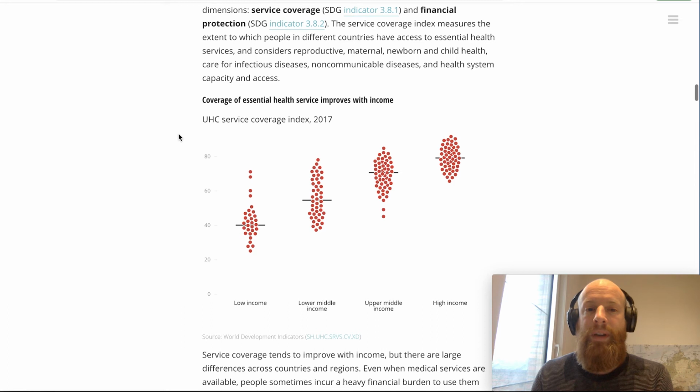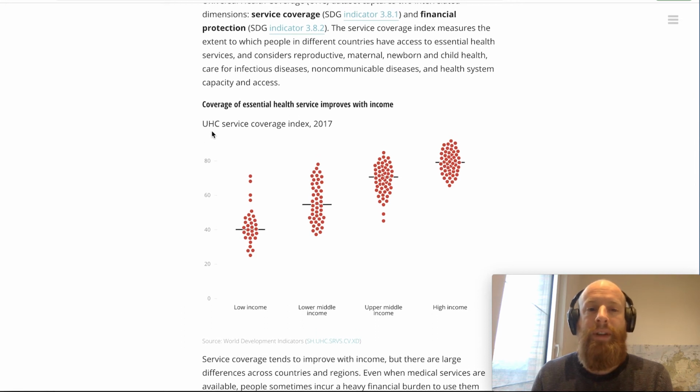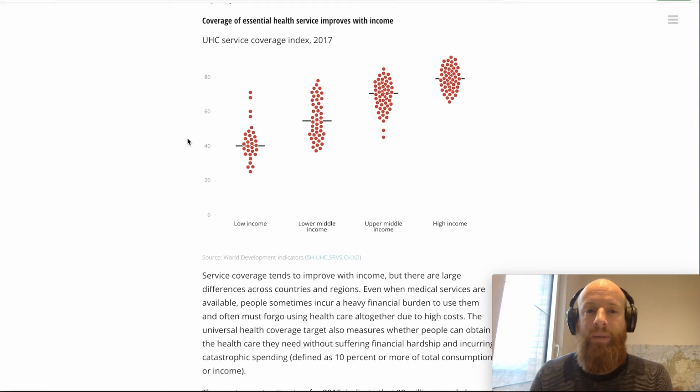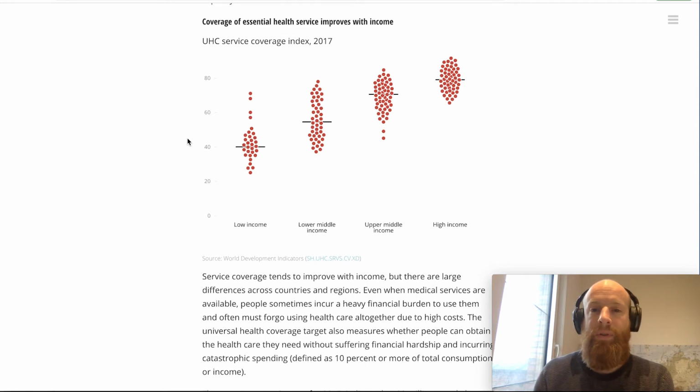So we are using an index here. It's called the Universal Health Capacity Service Coverage Index. It's a mouthful, but it's really just a measure of how easy it is for people to get access to healthcare. And again, we're using the beeswarm plot here to show basically the same thing. The higher the income of the countries, the higher the healthcare index.